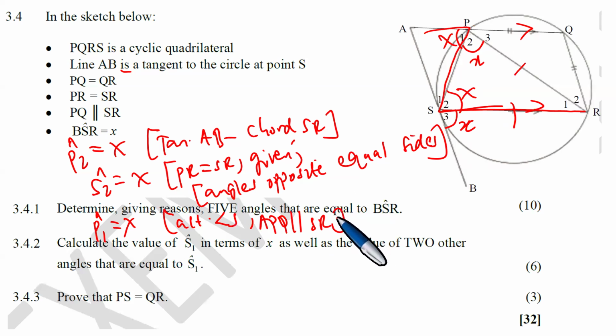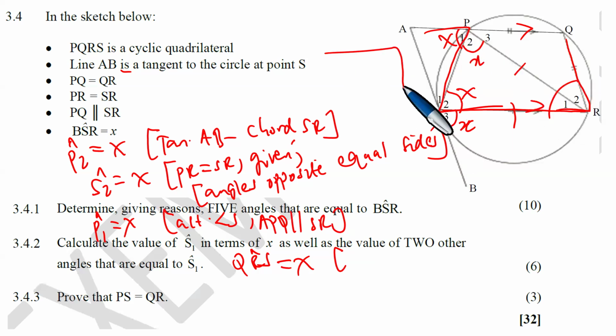But also the angle QRS is X, because of the exterior angle. This is equal to this.